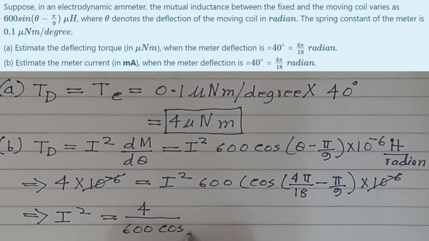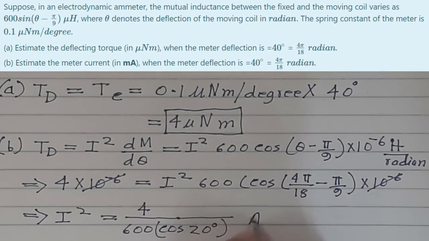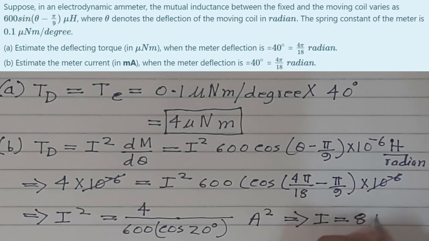So cosine 20 degree, and this will be in SI unit, that means ampere squared. Left hand side is current. And from here, if you put the value of cosine 20 degree, and then take the square root of the right hand side, you will get I equal to approximately 84 milliampere. That's the answer.